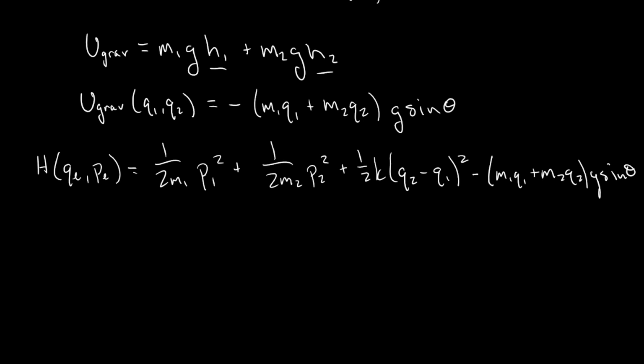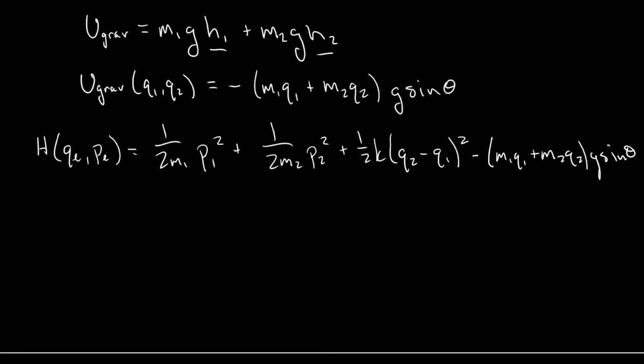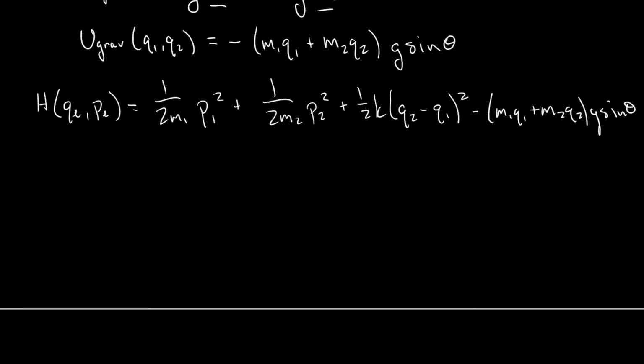Okay, now's where everything is completely mechanical, right? We just plug this into Hamilton's equations of motion. We get q1 dot is dH/dp1, which is, of course, just p1 over m1. Q2 dot is p2 over m2.